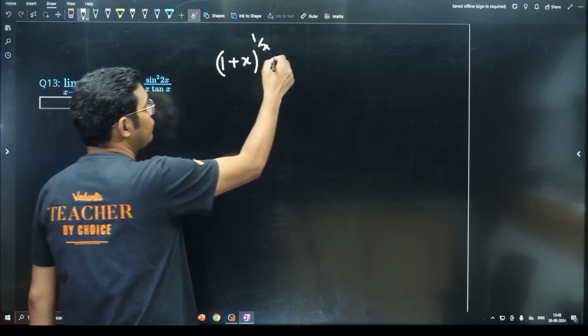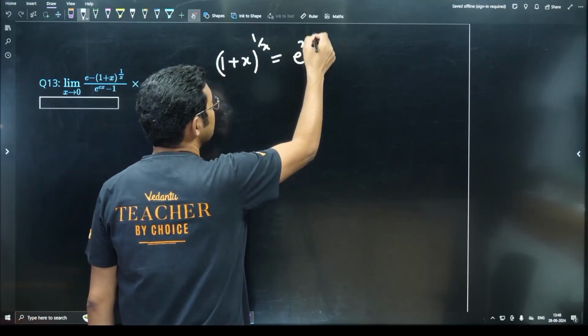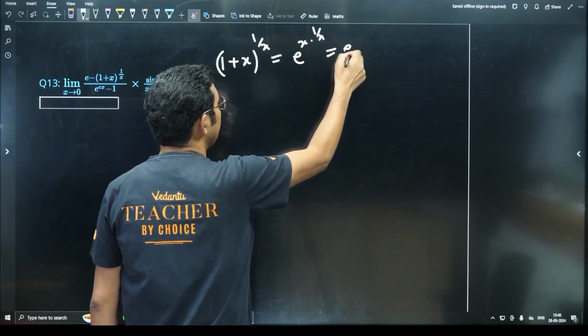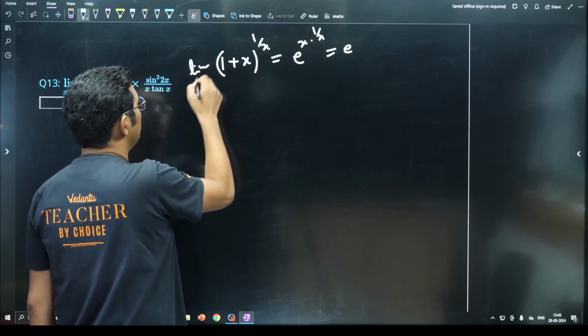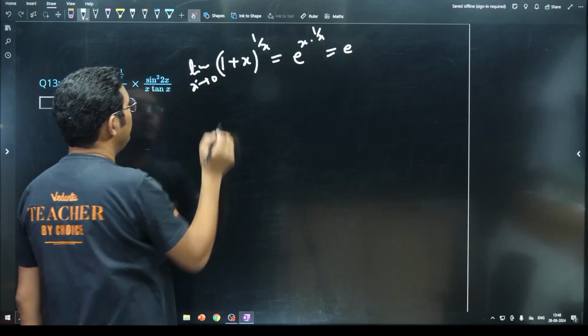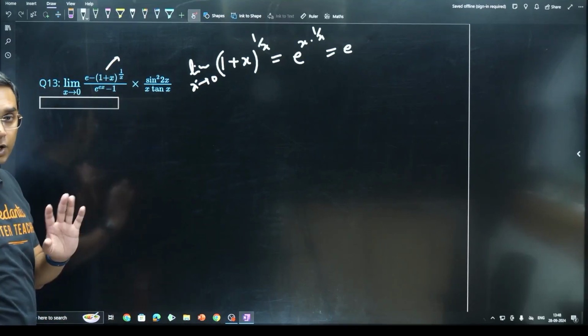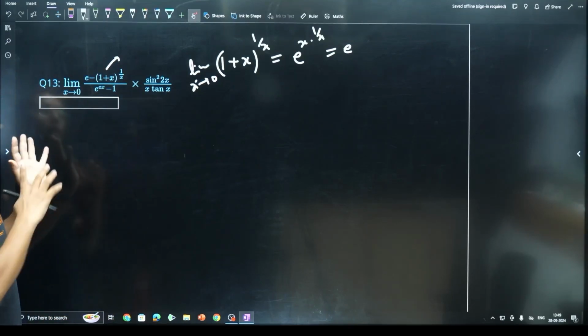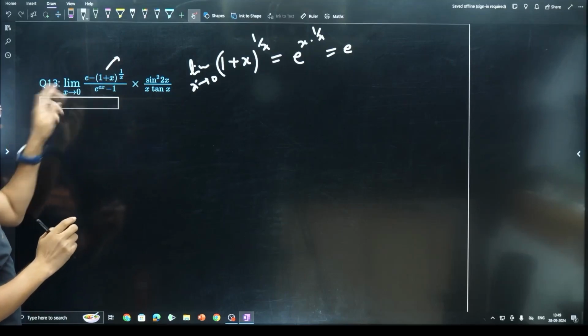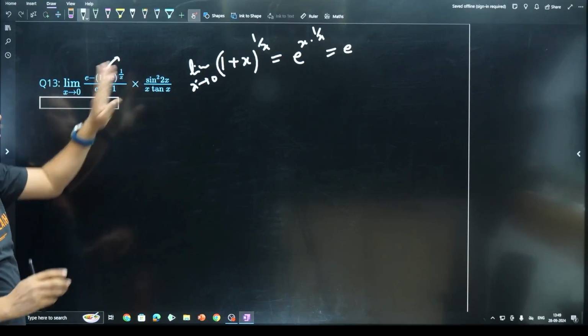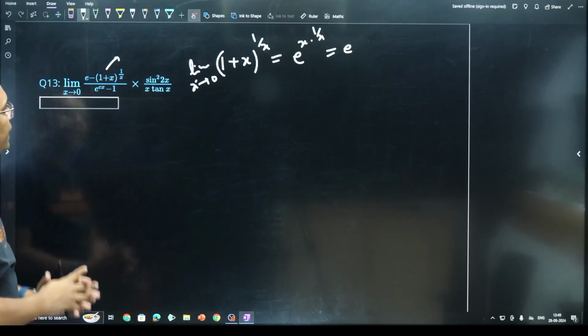We do this kind of question as e raised to the power x into 1 by x, and it comes out to be e as x approaches 0. So you can see that in this numerator, this is also tending to e, it is not equal to e, and this is also e, so it becomes 0, and the denominator is also becoming 0, and here also it is becoming 0.